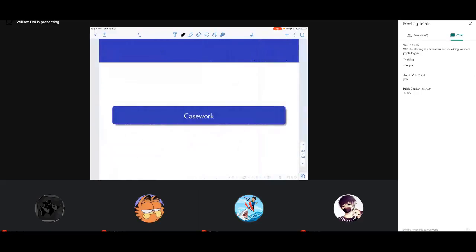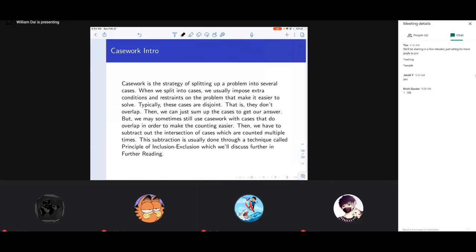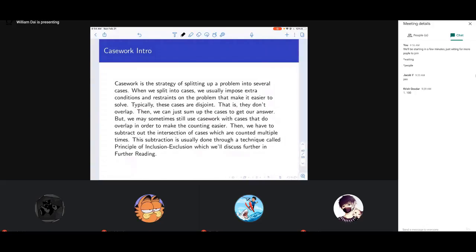Okay, now we're going on to casework. Casework is the strategy of splitting up a problem into several cases. When we split into cases, we impose extra conditions and restraints to make it easier to solve. These cases are usually disjoint and don't overlap. But sometimes we do want overlap, because it's really hard to not get any overlap when you're doing casework.